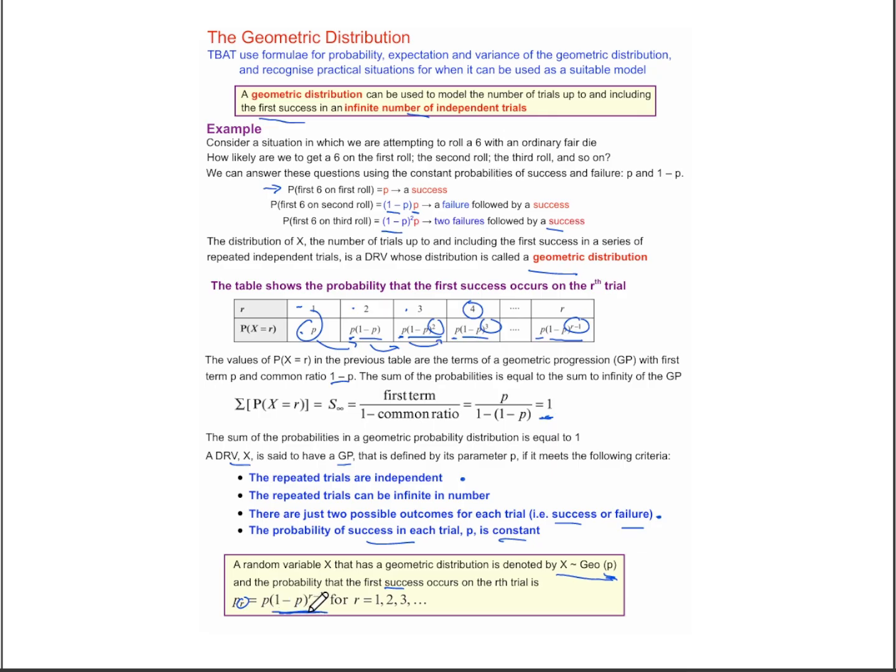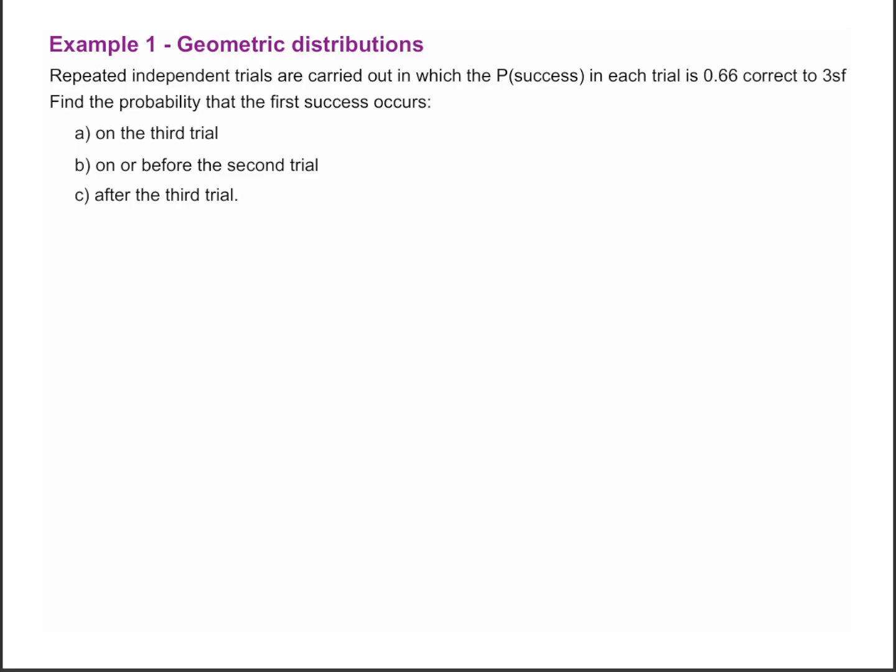So 1 minus p, which is the probability of failure, to the power r minus 1. Then your rth try should be a success, where r can be any number from 1 up to infinity. Let's take a look at an example.